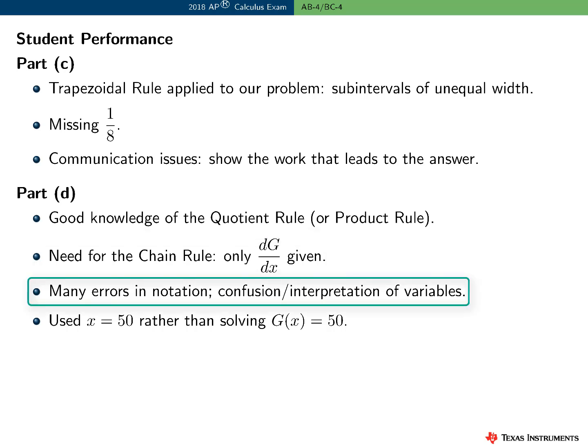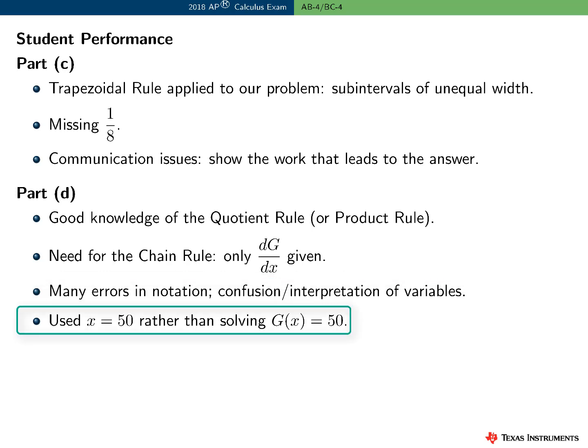There were many errors in notation in Part D. It appeared that many students confused or misinterpreted variables, or even introduced their own variables. And some students used x equal 50 to find their final answer, rather than first solving g of x equal 50 for the value of x.